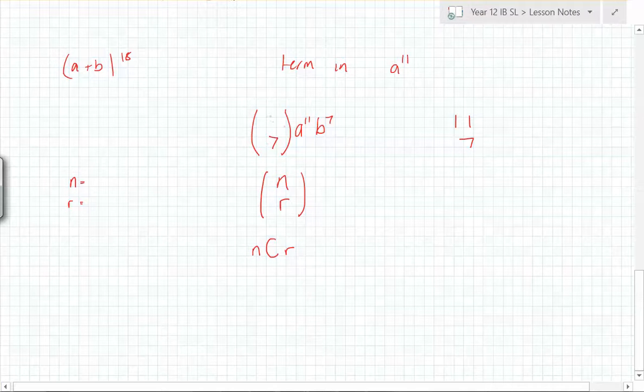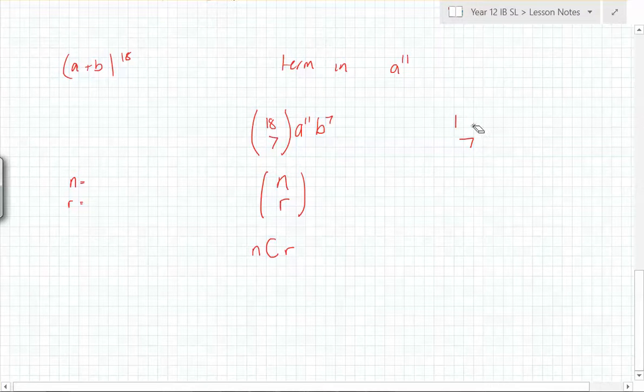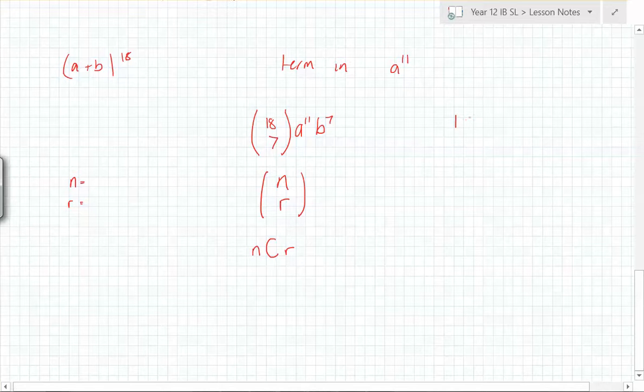Almost like I did that on purpose. 18, 7. That is the same as 18, 11. So I would say 18 choose 7 is the same thing as 18 choose 11. Same value. It's just a number, it's the coefficient.